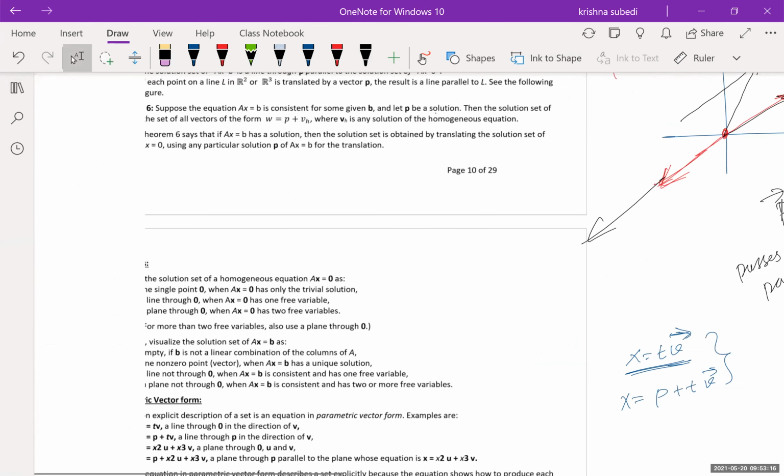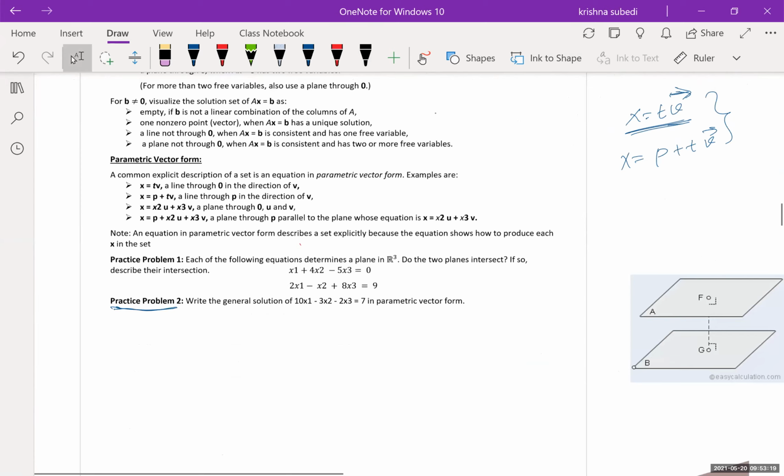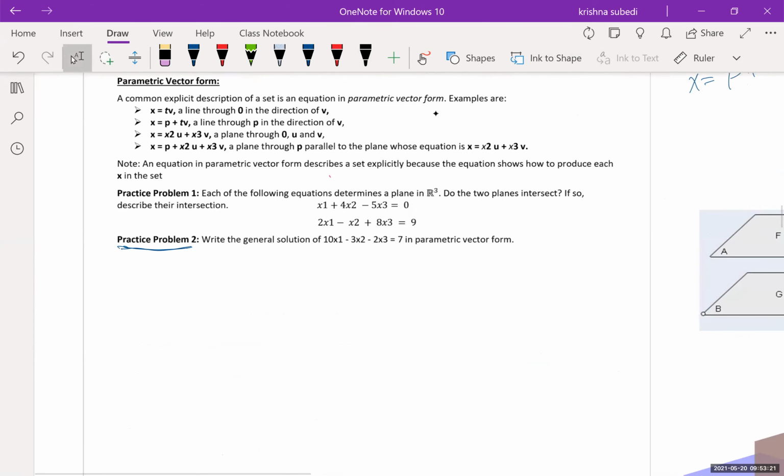All right. Now let's look at example practice problem 2. Write the general solution of 10x1 minus 3x2 minus 2x3 equal to 7 in parametric vector form. Okay, we want to write this in parametric vector form. Let's try this second problem and we'll go back to problem 1 later. To write the general solution, I think you guys can do it by yourself.